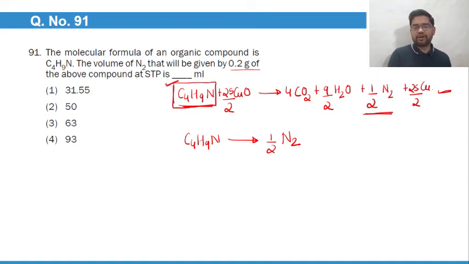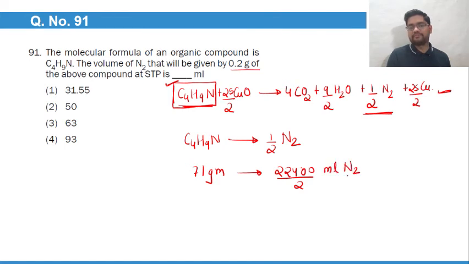If you calculate the molecular weight of this compound, it comes out to be 71 grams. So 71 grams will give you 22,400 by 2 ml of nitrogen gas, that is 11.2 liters. What is required is 0.2 grams.